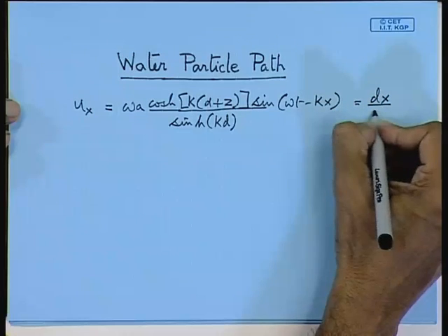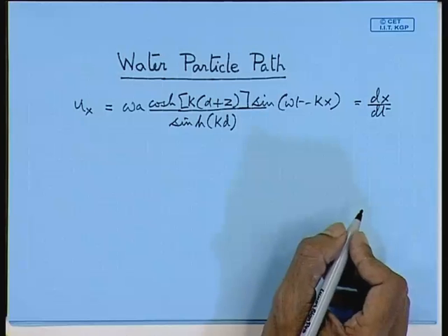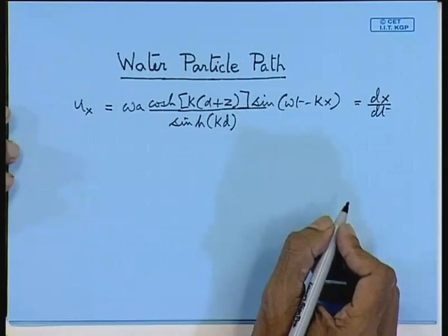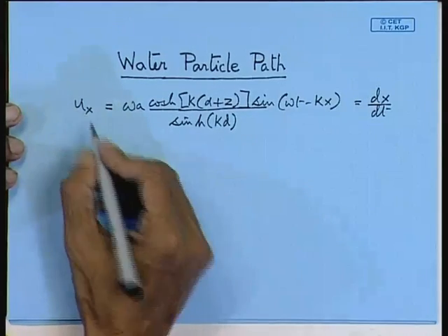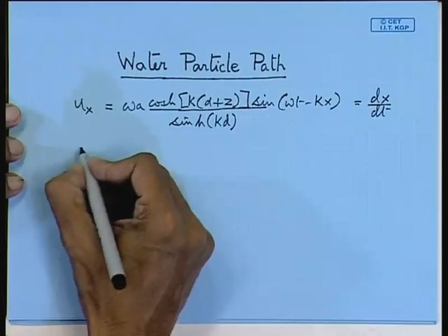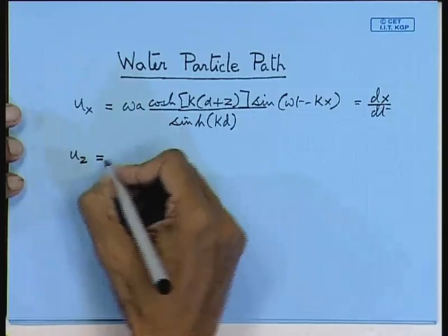Now, if you integrate this with respect to time, you get the distance x. So, we have to calculate the values of x and z. You integrate this, and your uz was, so this is the velocity in the x direction and the velocity in the z direction, that is in our xz plane.